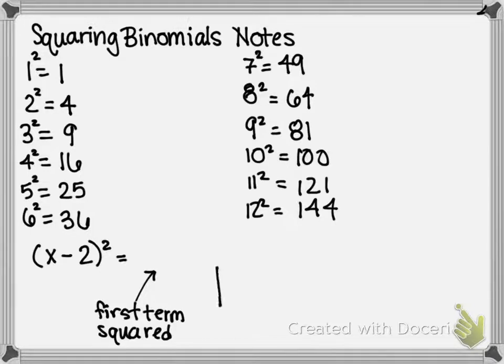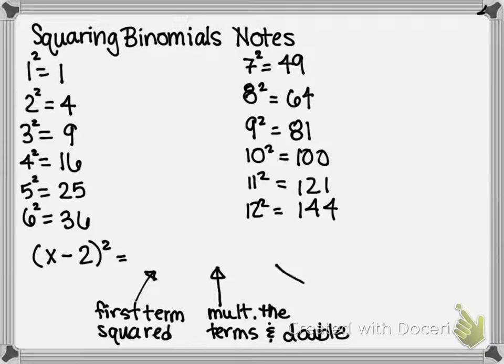The second thing we're going to do is multiply the terms and double. And then the final thing is to take the last term squared. First term squared, multiply the terms and double, last term squared.